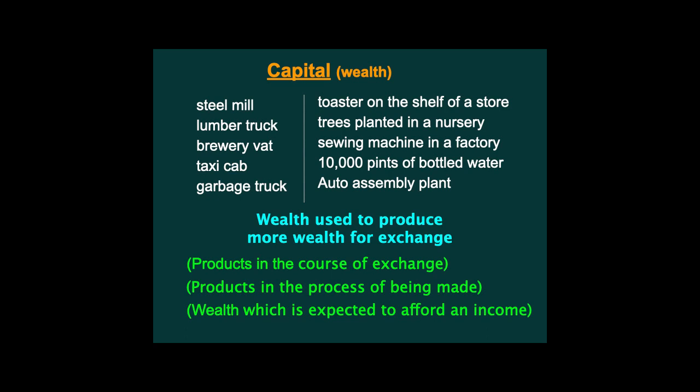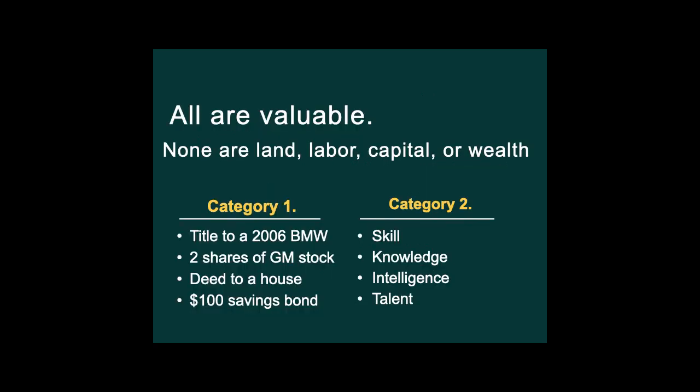So, okay. Now, the next category: we have a title to a BMW, 2 shares of stock in GM, a deed to a house, and a $100 savings bond. And then skill, knowledge, intelligence, and talent. All of these things are valuable, but none of them are land, labor, capital, or wealth. Fair enough?